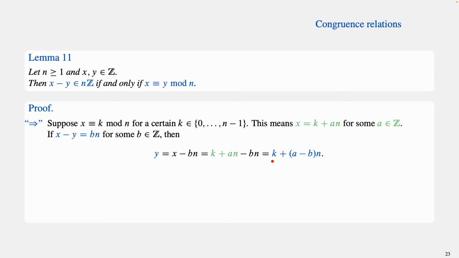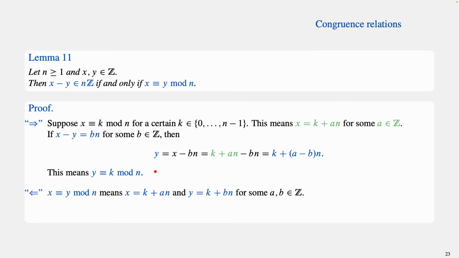So y equals k plus a multiple of n, and if we divide by n, we get the remainder k for y as well. This means y is congruent to k mod n, and if y is congruent to k mod n and x is congruent to k mod n, then we have shown the right-hand side, then x is congruent to y mod n. Now we do the other direction.